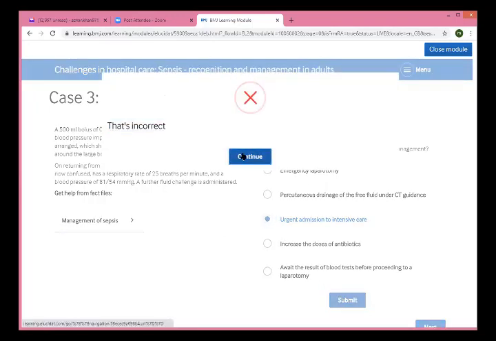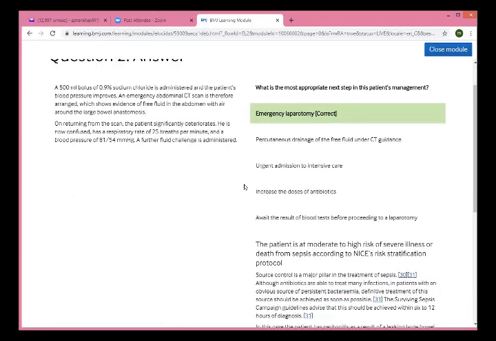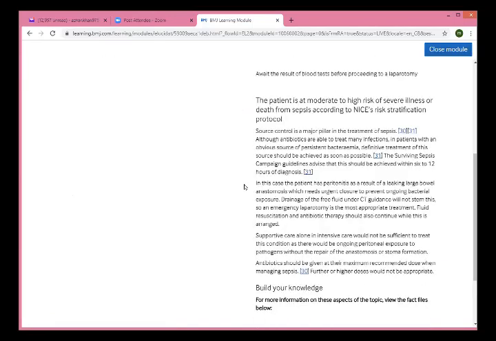Which is incorrect? You probably will do an emergency laparotomy, because source control is a major pillar of the treatment. So treat the infection. Within 6 to 12 hours, definitive treatment for this should be given.